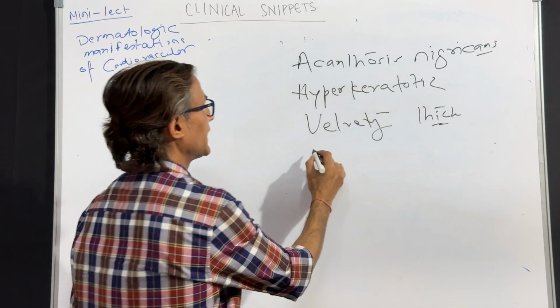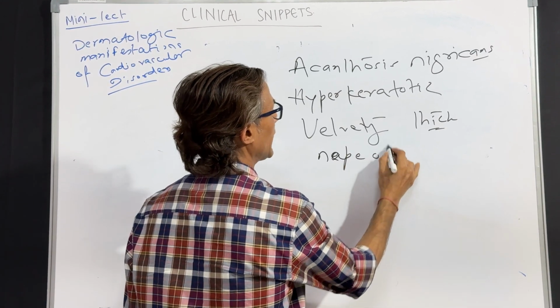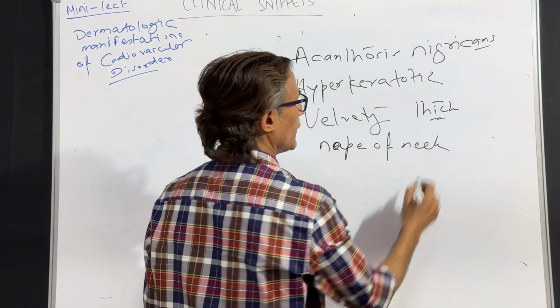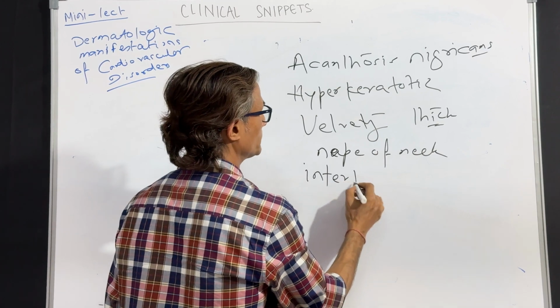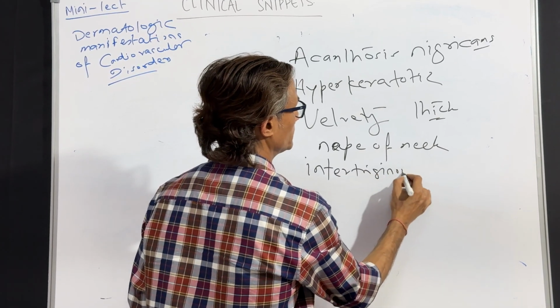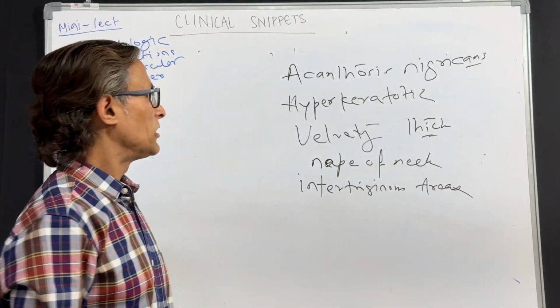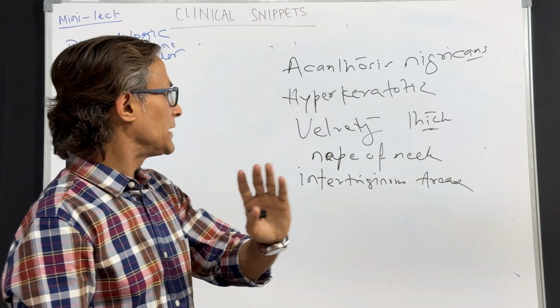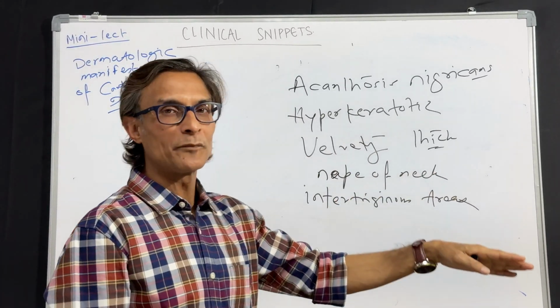Of especially nape of the neck, skin on the nape of the neck or anterior part of the neck, and again intertriginous area. Like axilla, groin. So extremely black, hyperkeratotic, velvety, thickening of the skin.